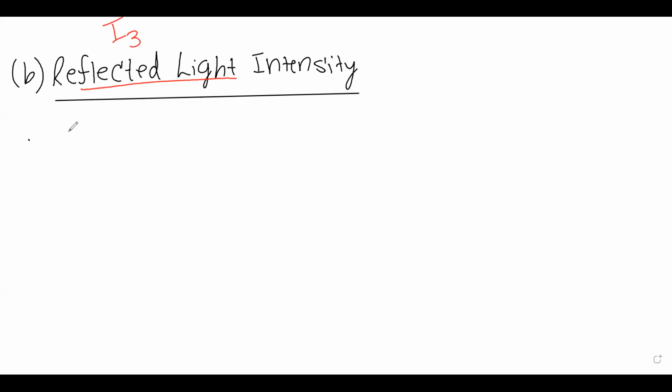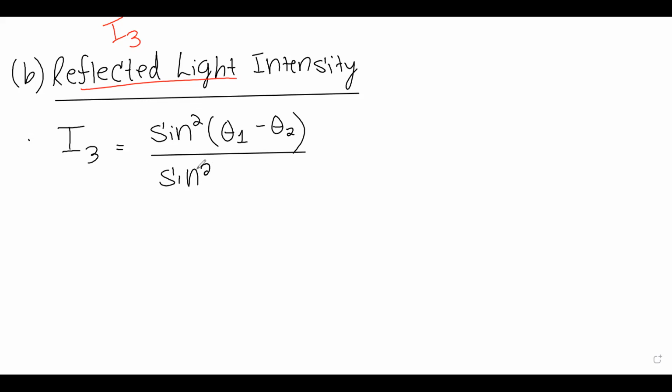So the equation is the intensity of reflected light equals sine squared, difference of the angles, over sine squared, sum of the angles. Oops, that's a little messy. Let me fix that.